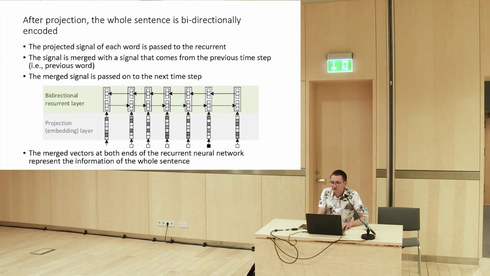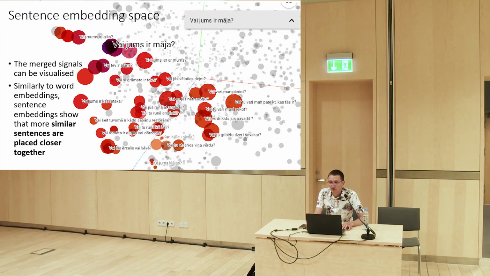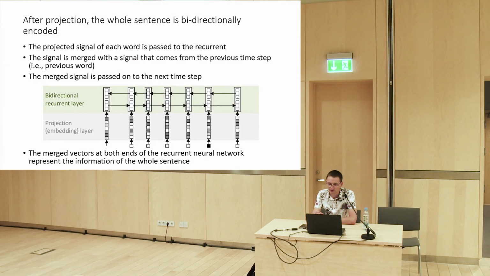What it does is encode the sentence into an internal representation. Once we have the internal representation, we can actually picture it. Imagine that these vectors here and here contain the whole meaning of the sentence within one vector.